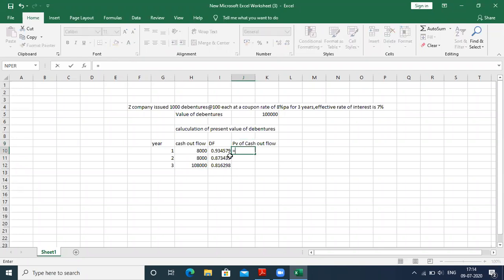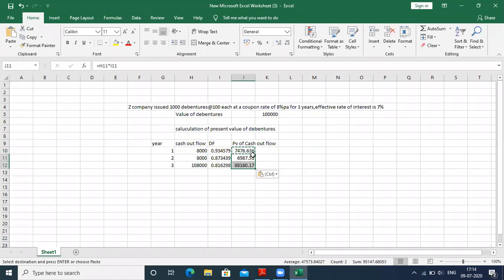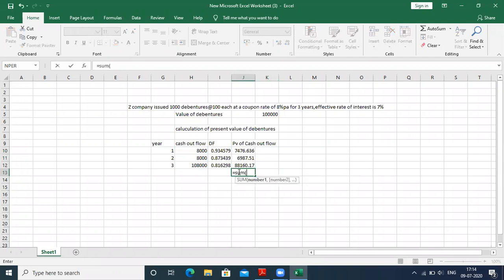So how will we get the present value of cash outflow? And again we need to calculate the sum. So this is nothing but present value of debentures, or we can also write it as present value of a liability.